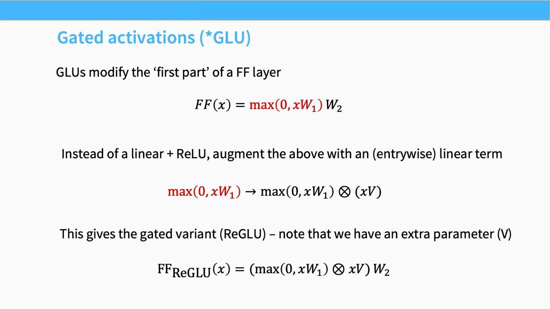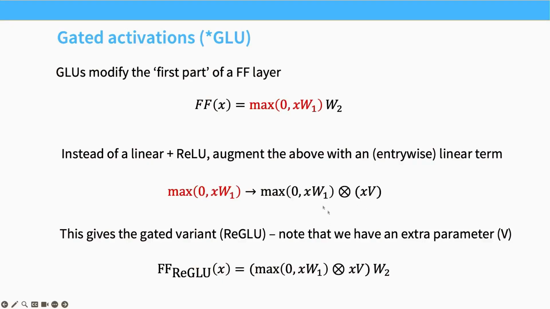Another thing that is often said in architecture design, I don't say this from my personal experience, is that gating is often very helpful. So if you apply that very general heuristic, you might say, okay, instead of just having this entry-wise ReLU, why don't we also have a gate?